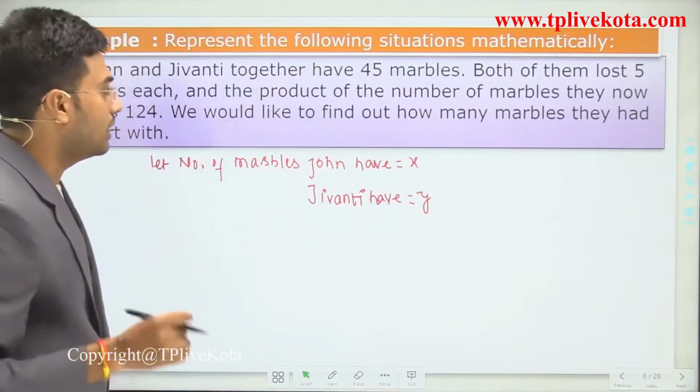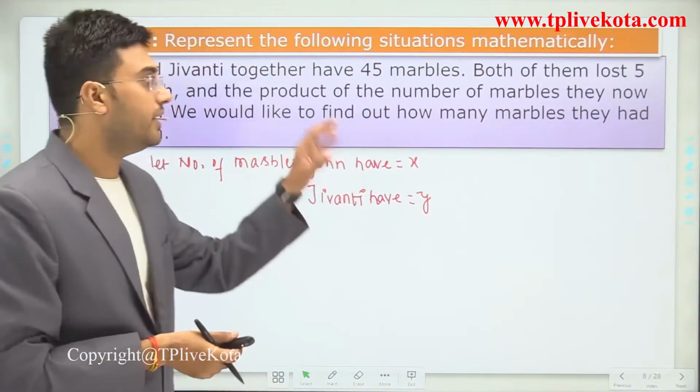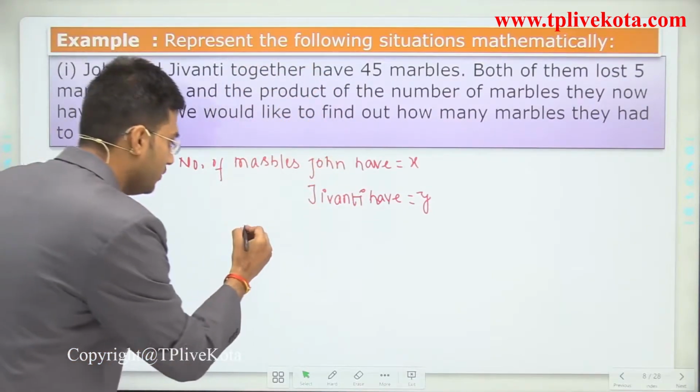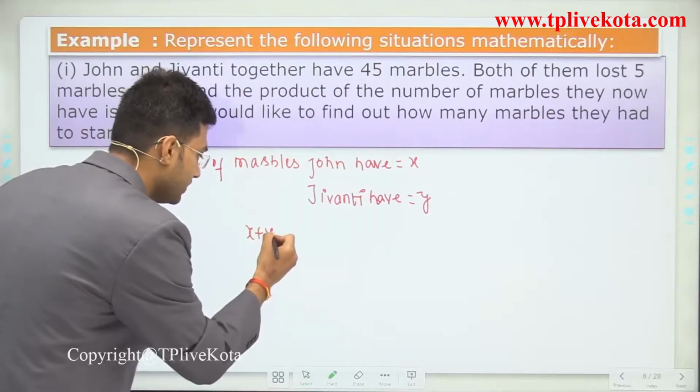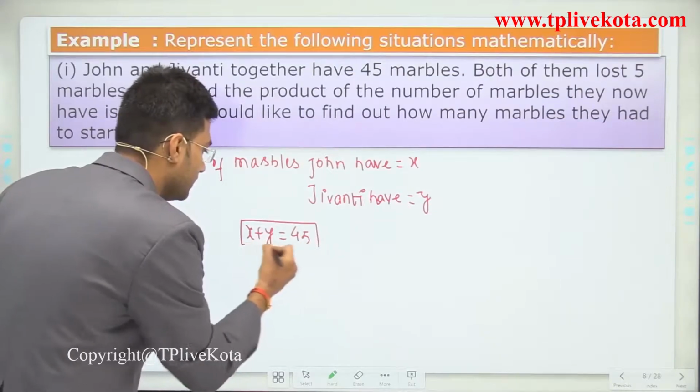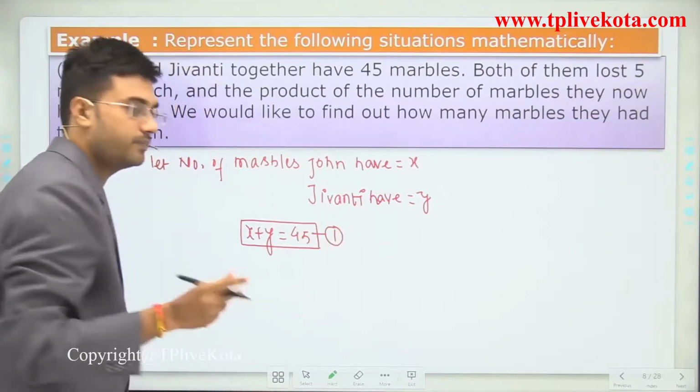Clear? Now according to the question, they together have 45 marbles. That means x plus y is equal to 45. This is equation 1. Clear?